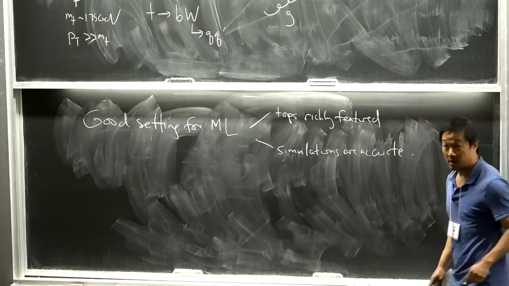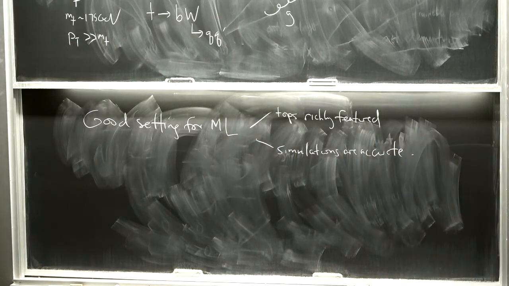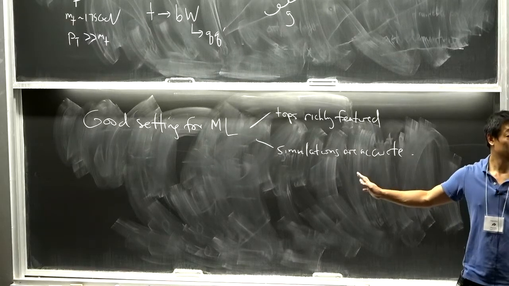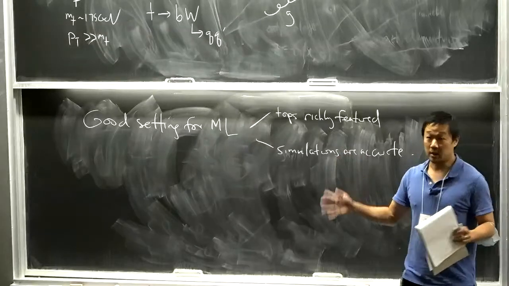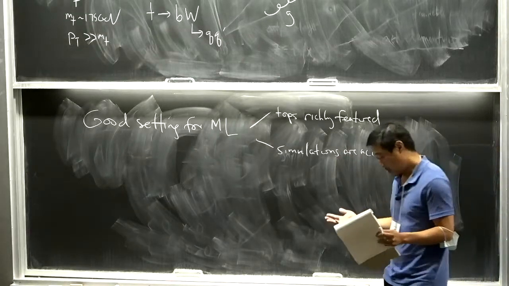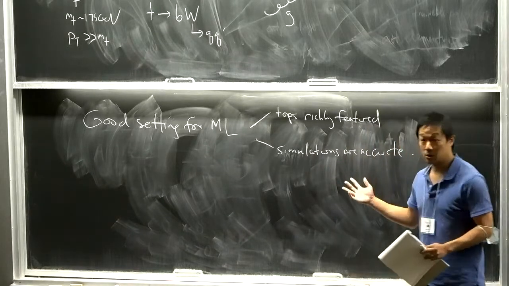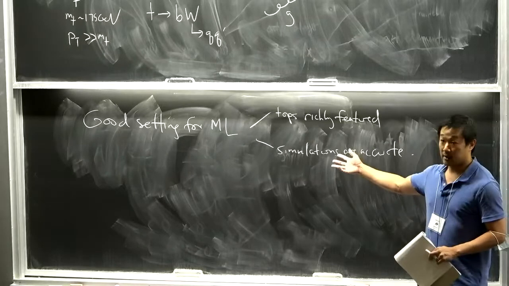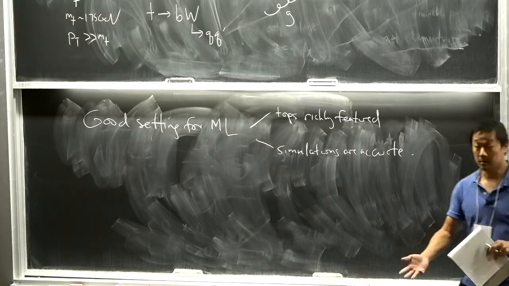We can do a lot of development playing around with methods and have confidence that we're not wasting our time, using simulations that come with truth labels. Then theorists and experimentalists can all develop cool, powerful methods, and they can go apply them to data and find that they work pretty well. That's an empirical fact.